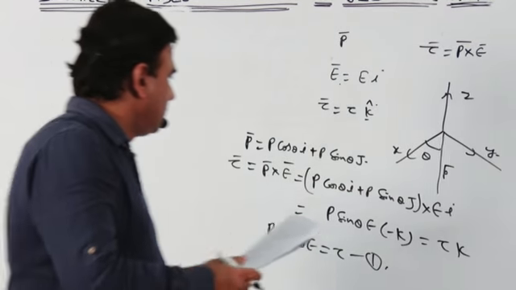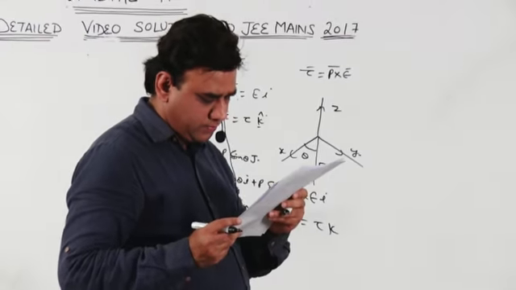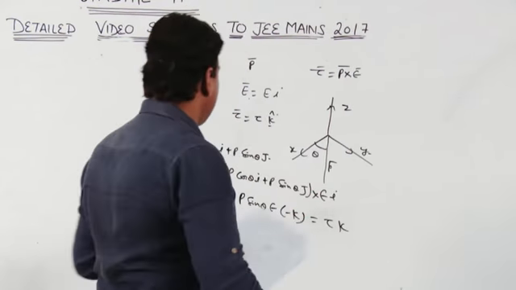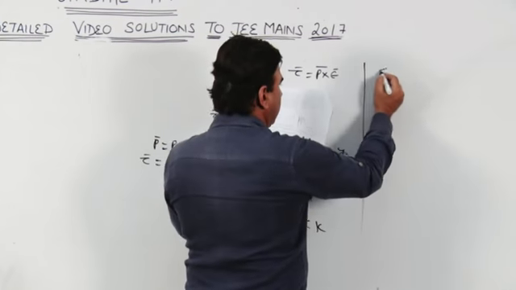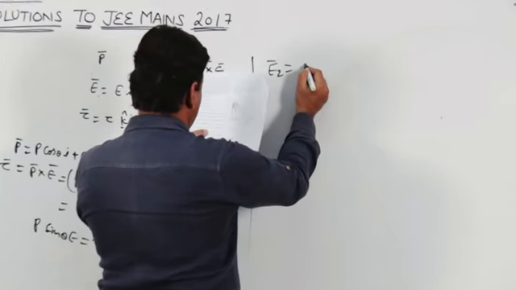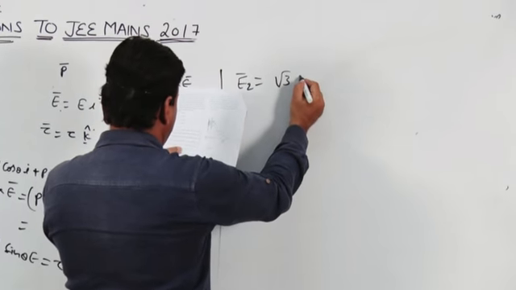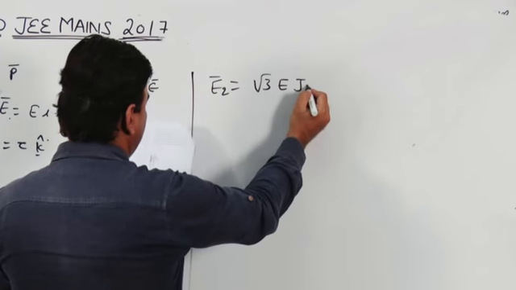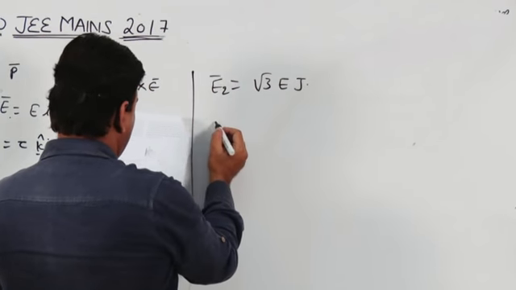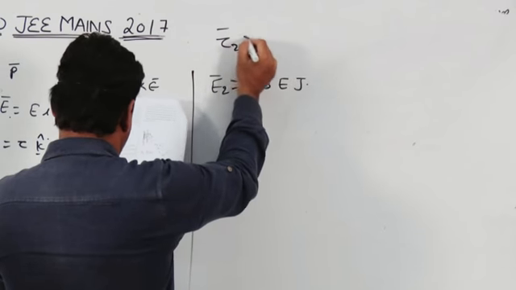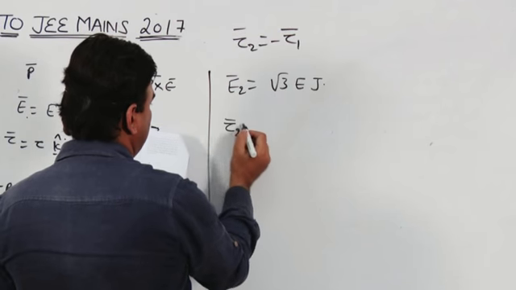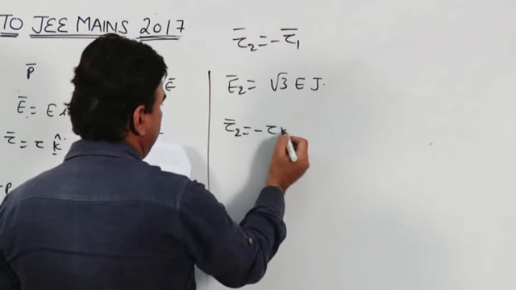Another electrostatic field is given whose magnitude is root 3 E1 j. So E2 equals root 3 times the modulus of E1, along j. Again tau 2 is given as equal to minus tau 1, so tau 2 equals minus tau k.